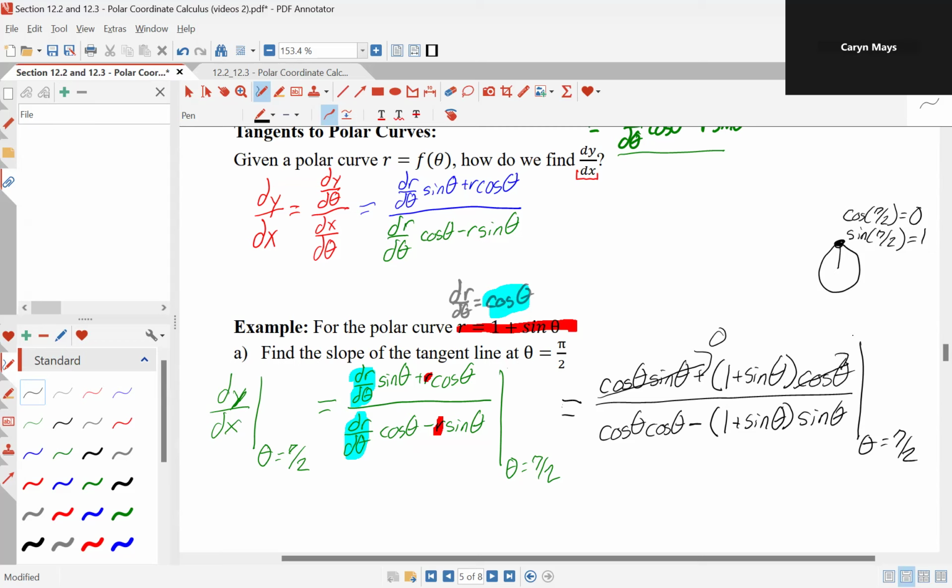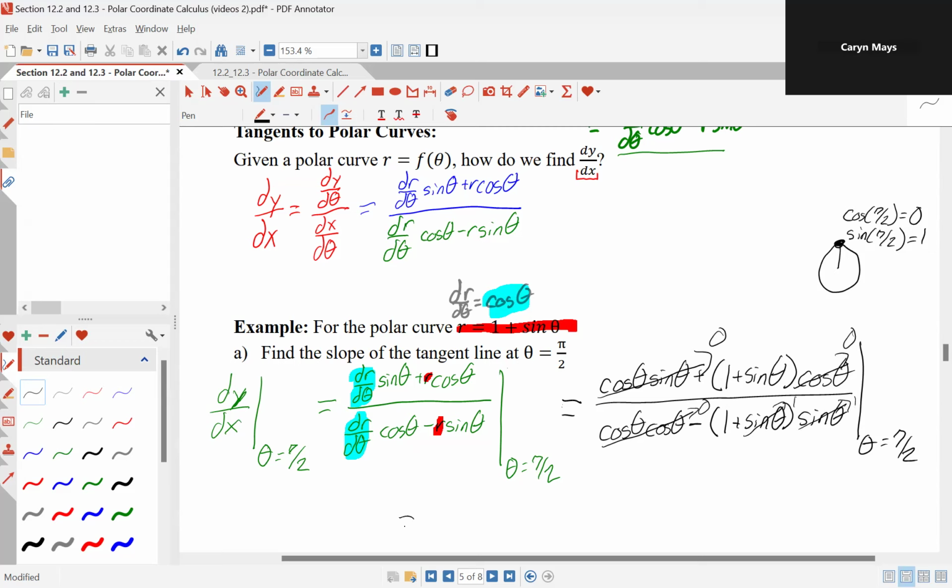This is 0. Our numerator is 0. We want to make sure our denominator is not 0. And sure enough, the first part is 0. Sine, each of these are 1.